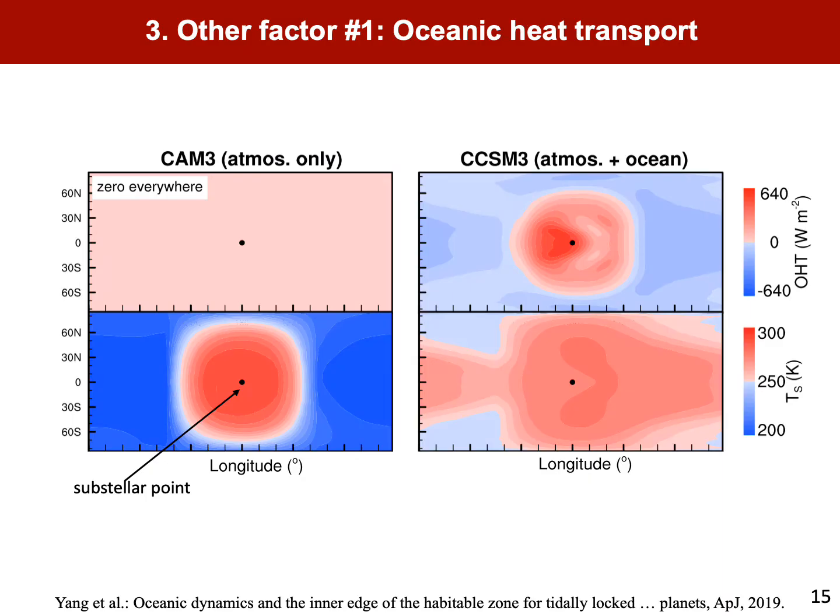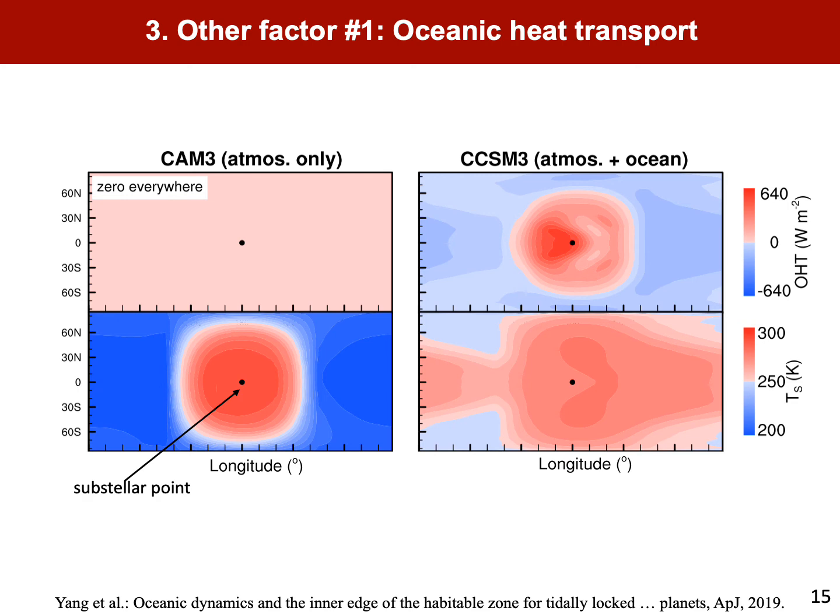There are several other effects that can influence the simulated climate, for example, the oceanic heat transport. When ocean dynamics are included in the simulations, the surface of the night side becomes much warmer than in the atmosphere-only simulations. Meanwhile, the day side becomes a little cooler.